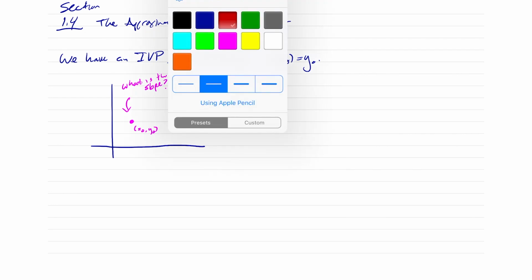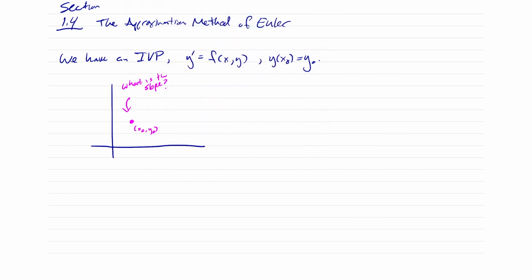Why don't we actually do a solid example, and we'll go with, say, y prime is equal to 1 plus x. And we're going to assume that y of 1 is equal to 1, right? So that looks roughly right. Let's say y of 1 equals 2.